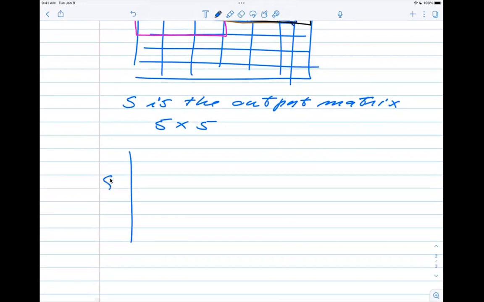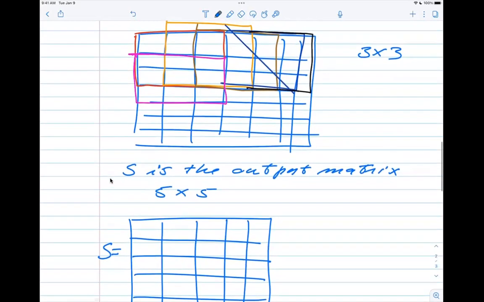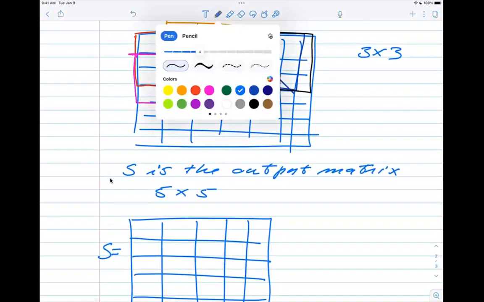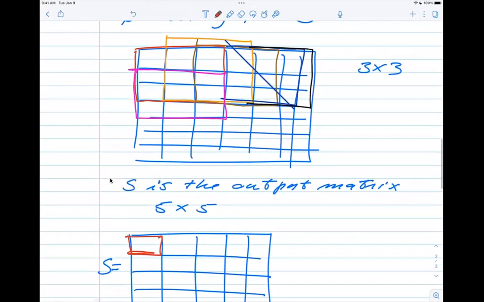So this is the matrix S. The first block is the one which we marked in red. So the first block is going to be this one. That's the effect of the convolution. And you saw that we had 5 different blocks when we had stride equal to 1.